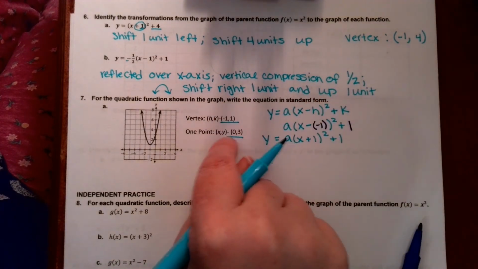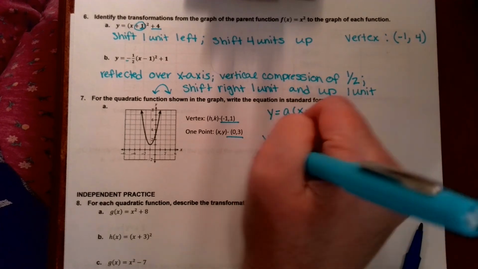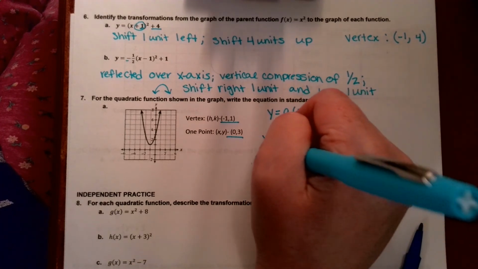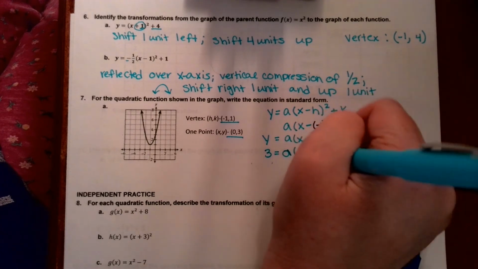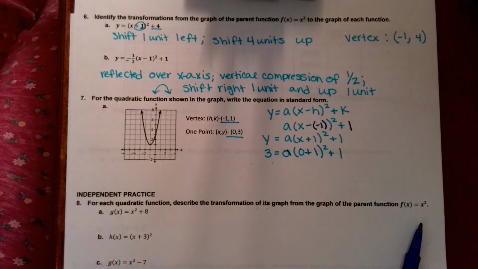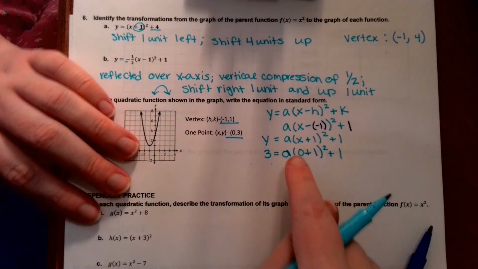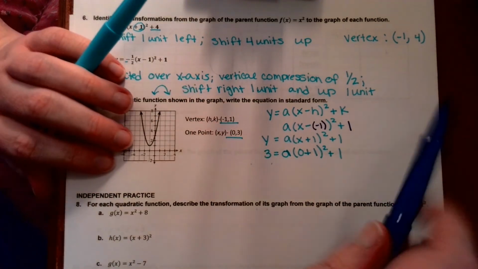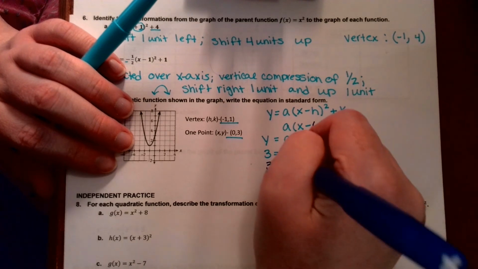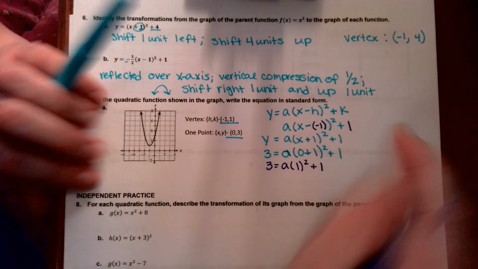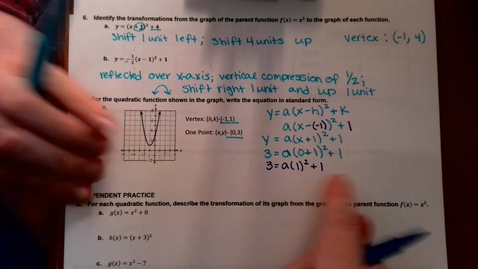There appears to be. So let's fill in our point and see if we can solve for a. So we have a y coordinate of 3, and our x is 0. So let's start solving. So we have 3 equals a times (0 plus 1) squared plus 1. So 0 plus 1 is 1, and 1 squared is 1.